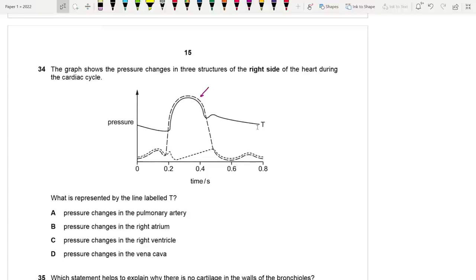Now, you see this structure, the bold line, the line labeled T. Remember that this is the pulmonary artery. I'm going to show you a figure. Wait, this is really important for you guys. You need to memorize each and every one.